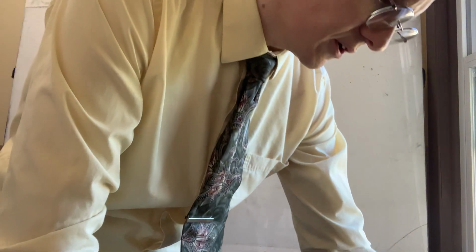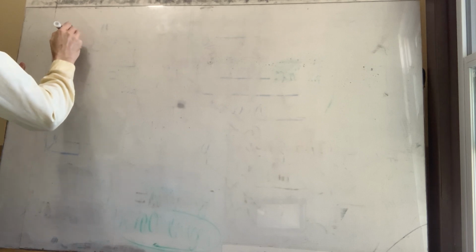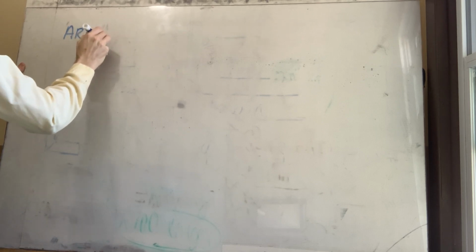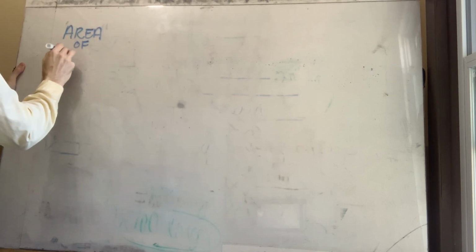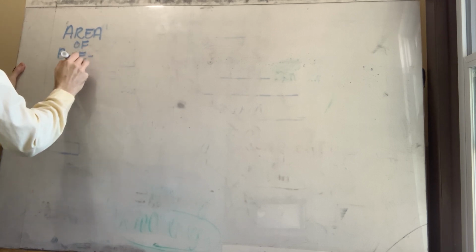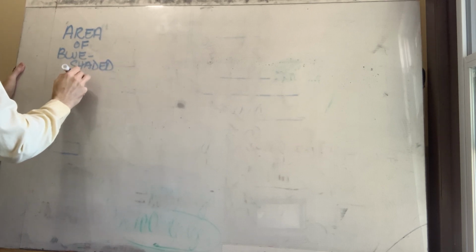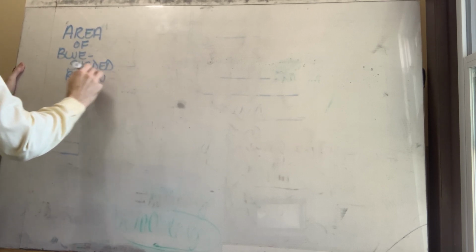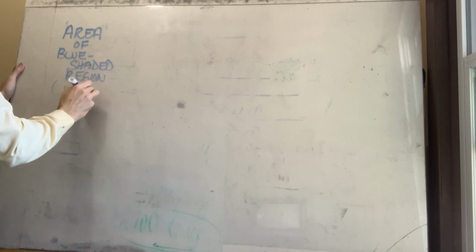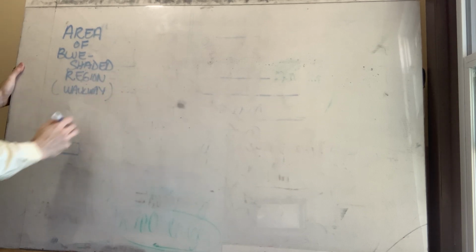If you're going to find the area of just the blue shaded region, start by writing, even if it's very verbal at first, that's fine. The area of the blue shaded region, aka the walkway around the house, would be equal to what?